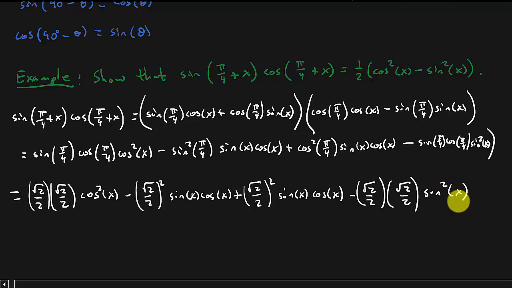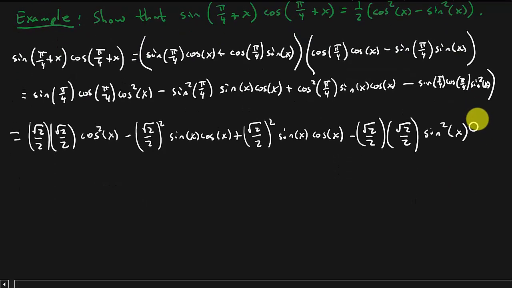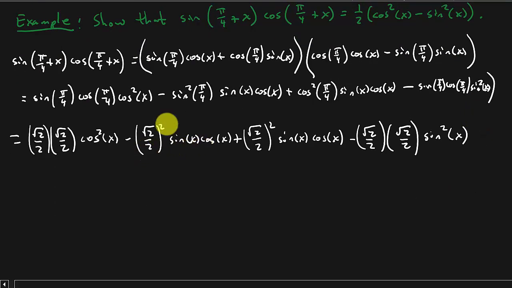All right. And so, well, that worked out nice. Look at this. You see how that term and that term cancel out. And so I am left with, that's what? Square root of 2 times square root of 2 is 2. So that's 2 over 4, which is 1/2 cosine squared x, minus, and then same thing here, 1/2 sine squared x.